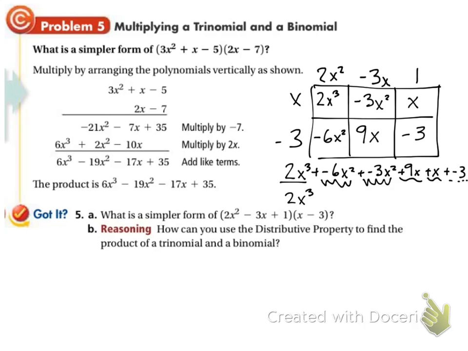I can add my zigzaggies, so negative 6 plus a negative 3, that's a negative 9x squared. So I made that a minus sign instead of a plus a negative, right? I got 9x plus 1x, right? If there's no number in front, the coefficient is a 1. So 9x plus 1x, that's 10x. So plus 10x. And then the negative 3 has no one to combine with, so minus 3.